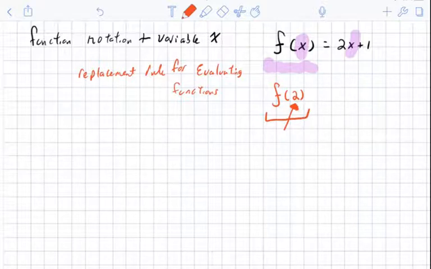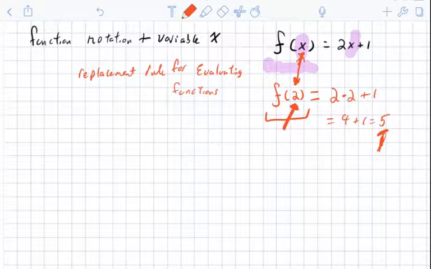But it does a little bit more than that. If you think about it in terms of the operation, you see that x in the original expression? Every time you see an x, you're going to replace it with a 2. 2 times 2 plus 1. This leads to a number, which you can calculate. Input, output. Okay?